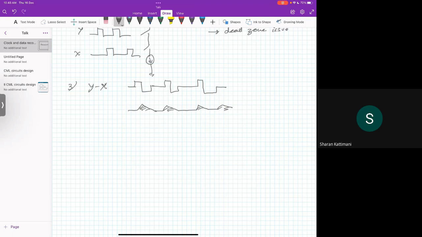So the problem we can see here is that there is a finite kind of pulse, and this will actually result in a change in oscillator frequency. This small fluctuation, ideally it should be a straight line, but practically it is not possible to have a straight line.